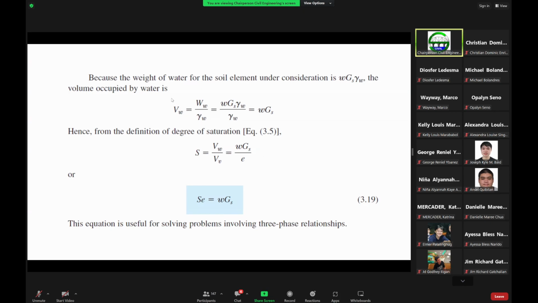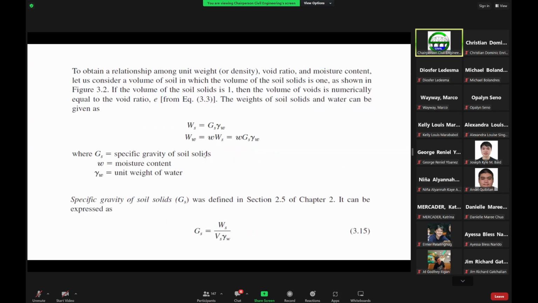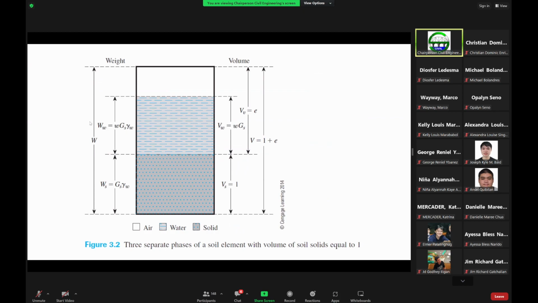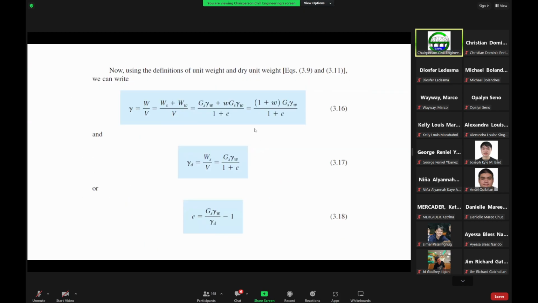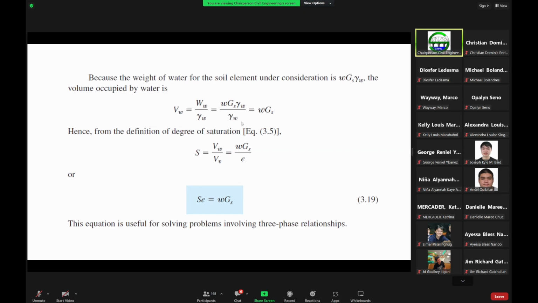But if we do some algebraic manipulations, we can also write the volume of water is equal to the weight of water over the unit weight of water. But we know that the weight of water is equal to this one here. So that's basically equal to this one, weight of water, divided by the unit weight of water.